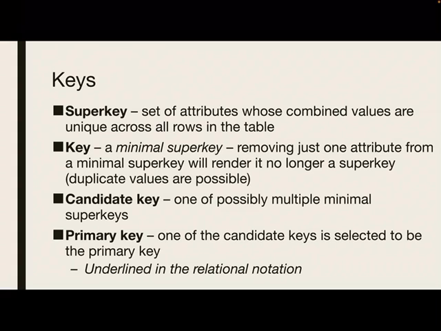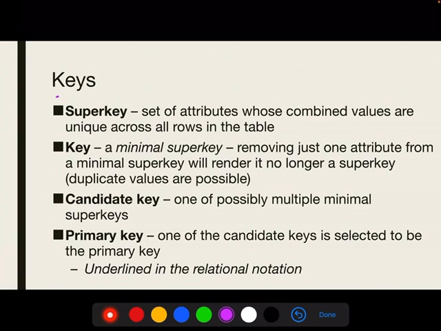There's this thing, a super key. A super key is a set of attributes that all together form a key. It doesn't mean that they necessarily form the key, but they do form a key.